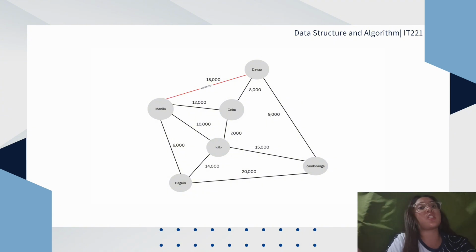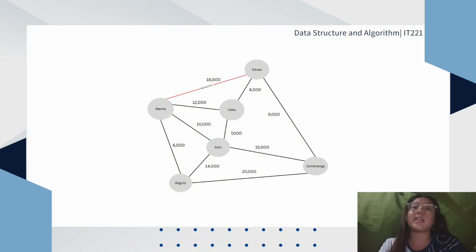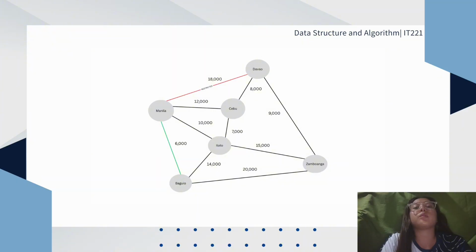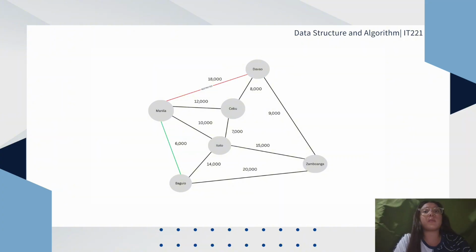Since they're not, we're going to add the route and connect them. In this case, we're going to use a green colored line for the routes added to the minimum spanning tree. Then we'll continue the process.